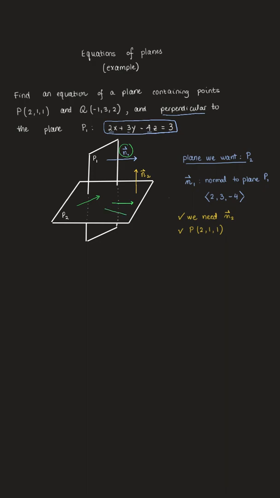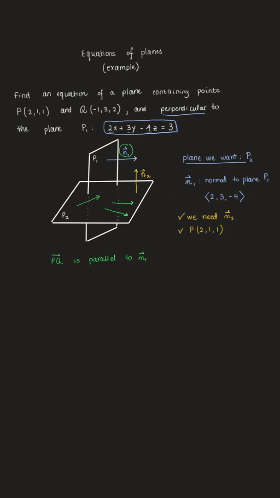If I do something like that, that's still going to be parallel to vector n sub 1. So we know that vector PQ is parallel to n1. So that means that if I find the cross product of PQ and n1, that will give me a vector that's normal to both.